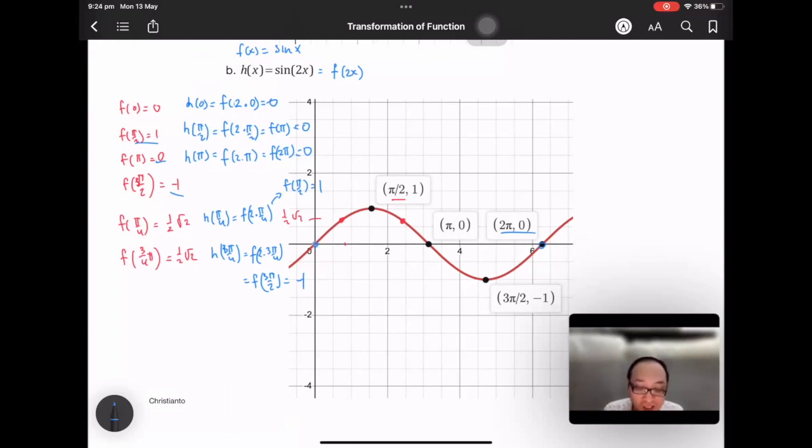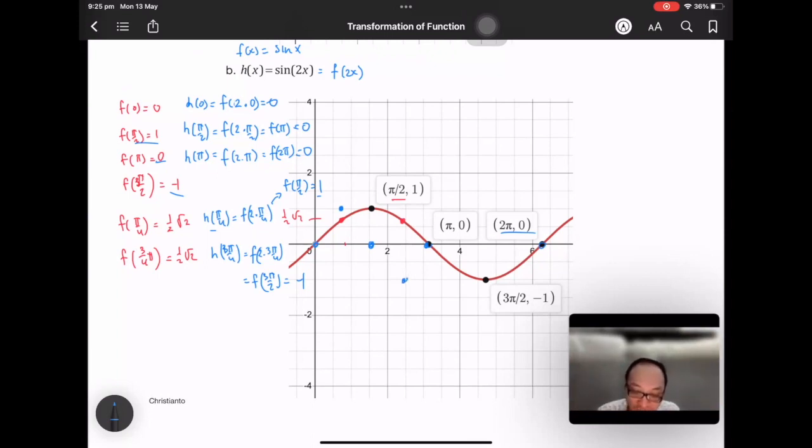So now we draw. h(0) is 0, h(pi over 2) is 0, h(pi) is 0, h(pi over 4) is equals to 1, h(3 pi over 4) equals to negative 1. So it's here.